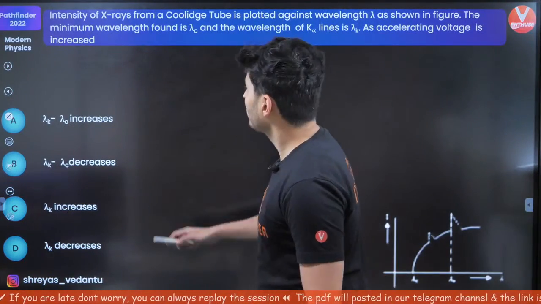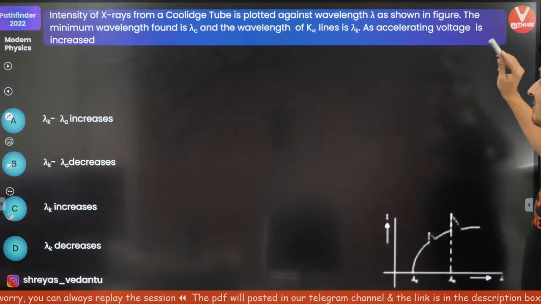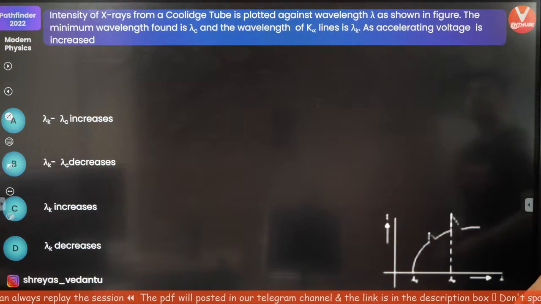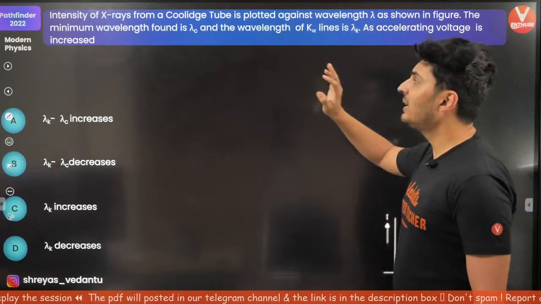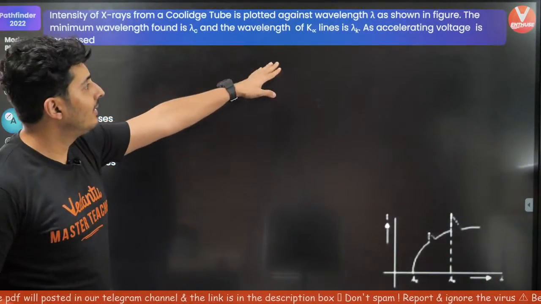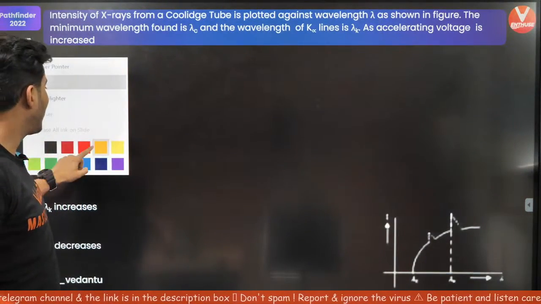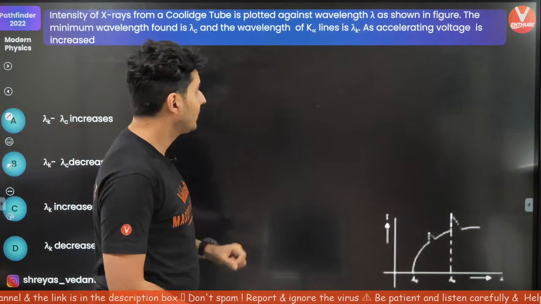There is an X-ray coming from a Coolidge tube, that's your standard setup, plotted against the wavelength lambda as shown in the diagram. The minimum wavelength is lambda c and the K alpha wavelength is lambda k. If the voltage is changed, what happens? Very important.